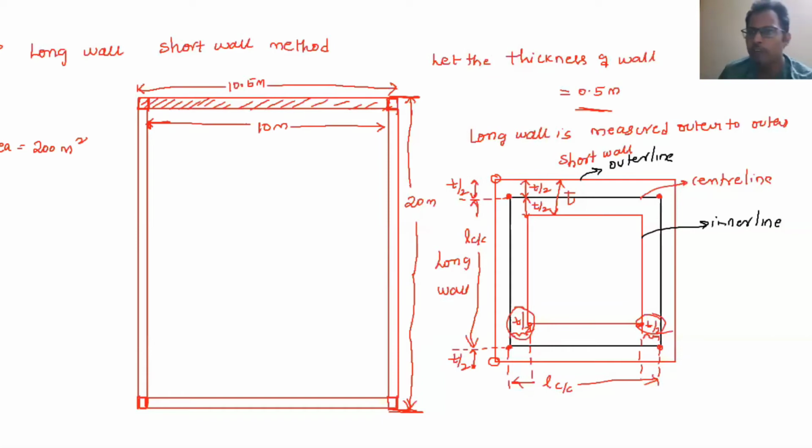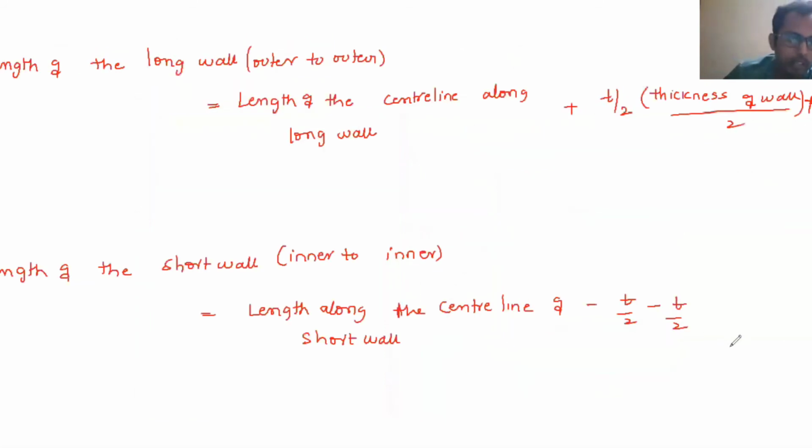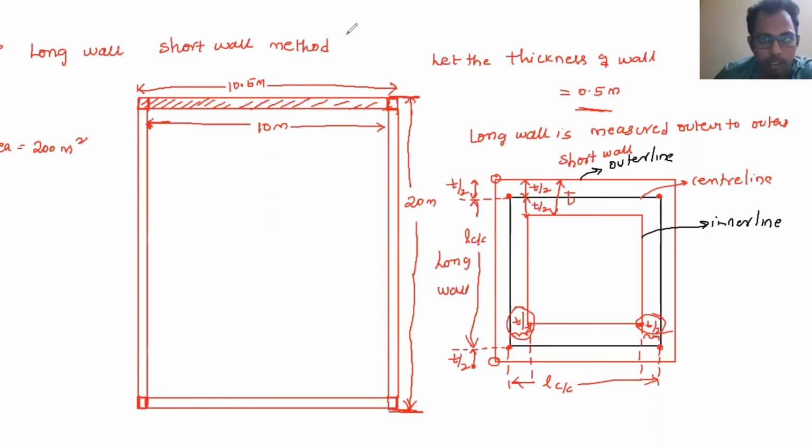Now, if I am using the centerline method for the same figure, what will it come to? Let us see. While you are doing the volume, generally this is not 200, a small correction here.